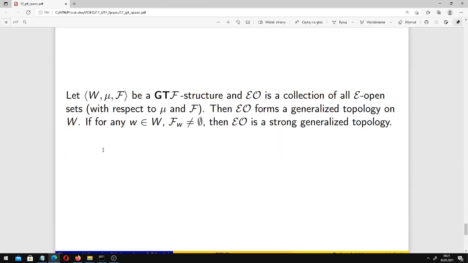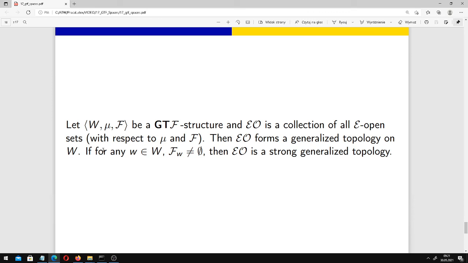And then we have this final theorem. Assume that we have a certain GTF structure, and EO is the collection of all E-open sets with respect to mu and F. Then EO forms a generalized topology on W. And moreover, if for any small w belonging to our universe its family F(w) is not empty, then EO is a strong generalized topology.